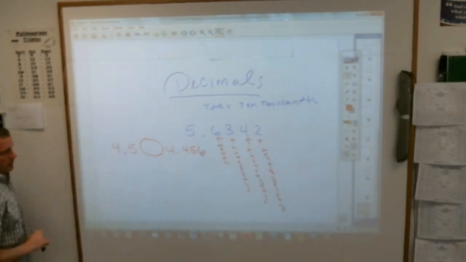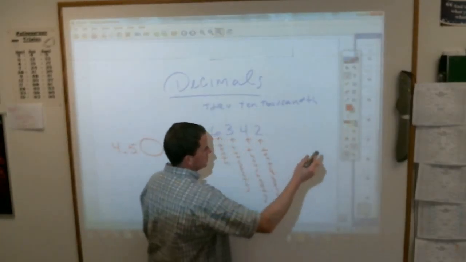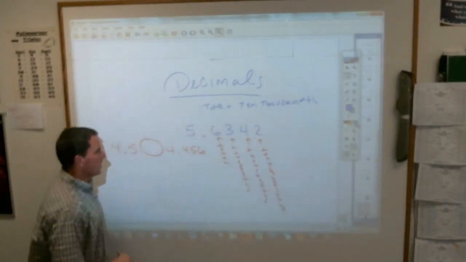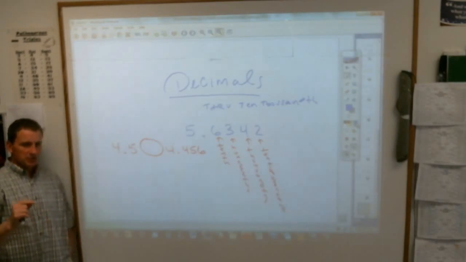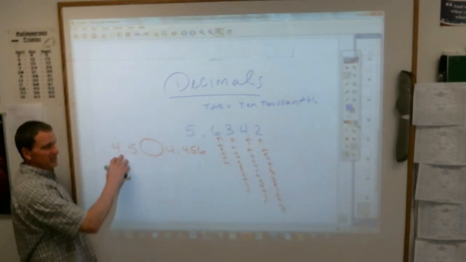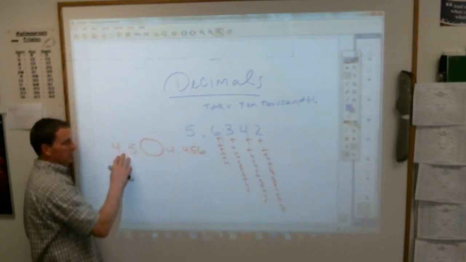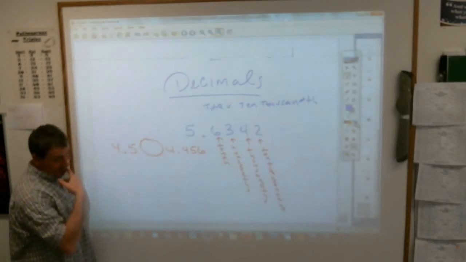Please make sure that you understand this very small, important message here. The number of digits does not matter as much as the digits in what place value matter. If I'm comparing these two numbers, what's bigger, 4 and 5/10ths or 4 and 456 thousandths?